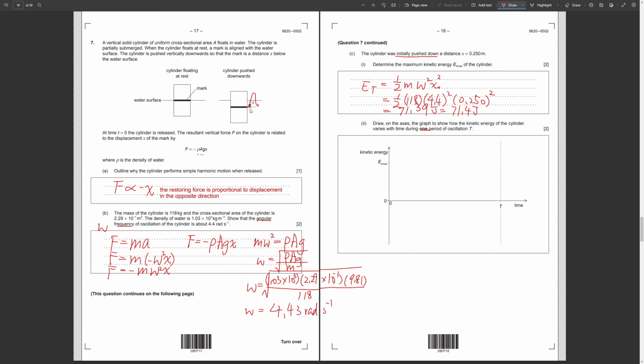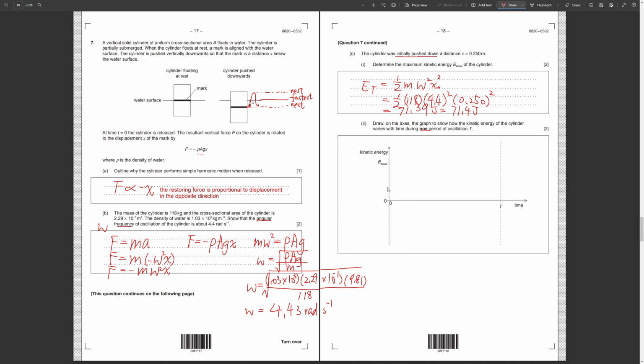This is one cycle. When it is at the very bottom or at the very top, it is staying at rest momentarily because it's changing its direction. However, right in the middle at the equilibrium point, it is moving at the highest speed, the fastest speed you can get, which means it will be rest, fast, rest, fast, rest.